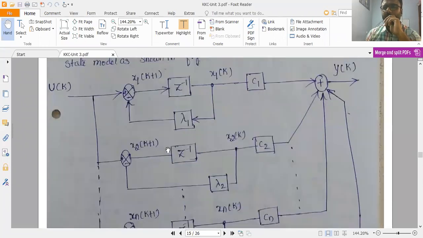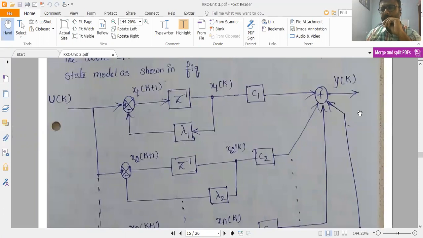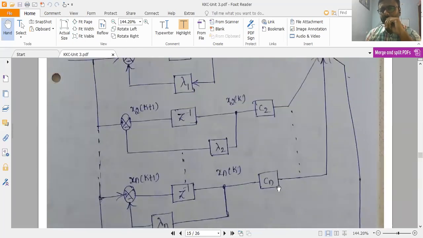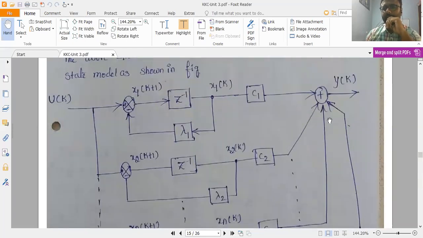Now coming to the output state equation, y of k is the output state equation, and it is written as the first state term x1 of k into c1, the second one x2 of k into c2, and xn of k into cn. All these are connected to a summing point.